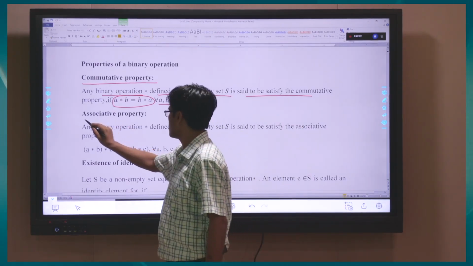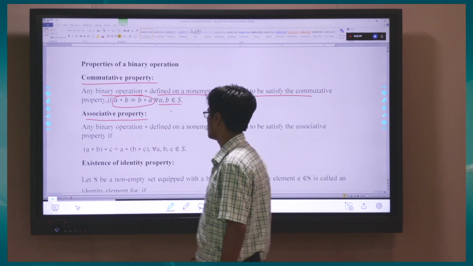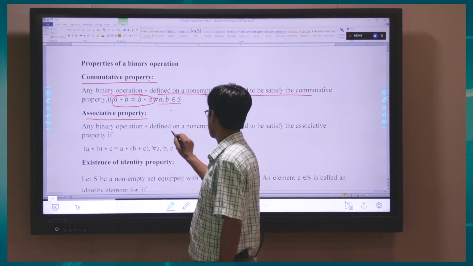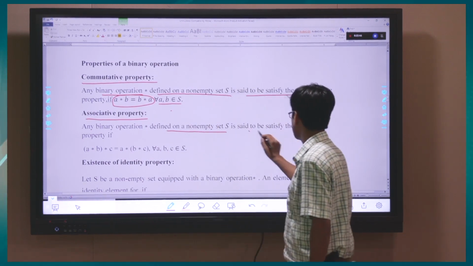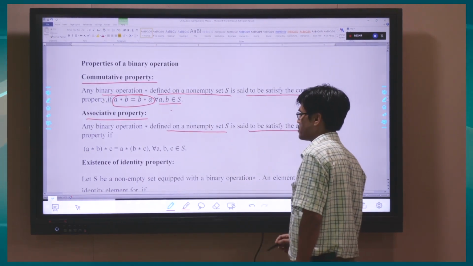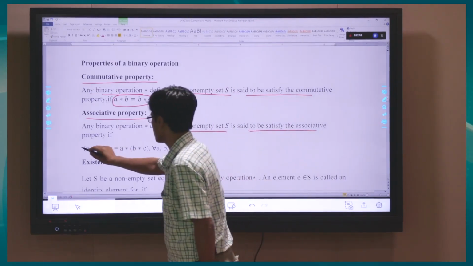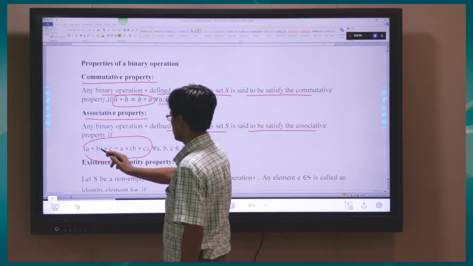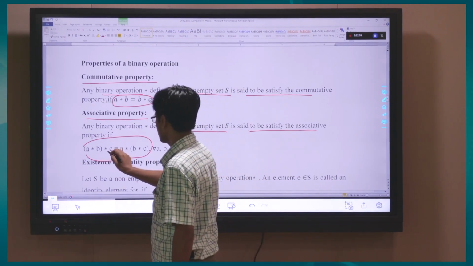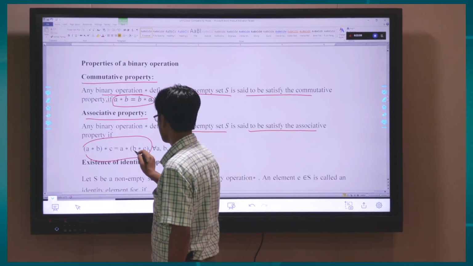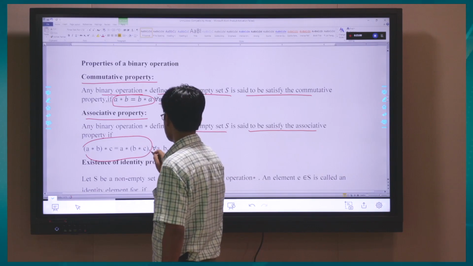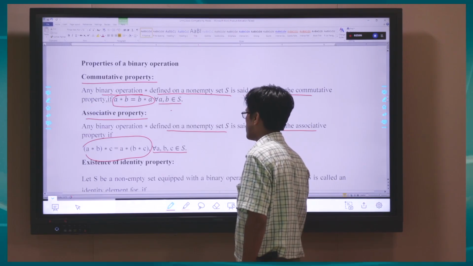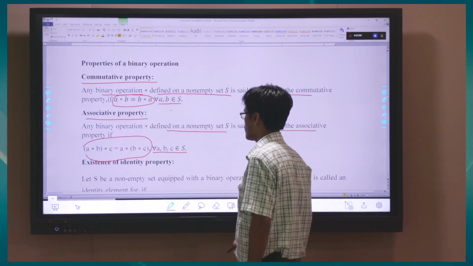The next property is the associative property. Any binary operation star defined on a set S is said to satisfy the associative property if (A star B) star C is equal to A star (B star C) for all elements A, B, C belonging to the given set S.